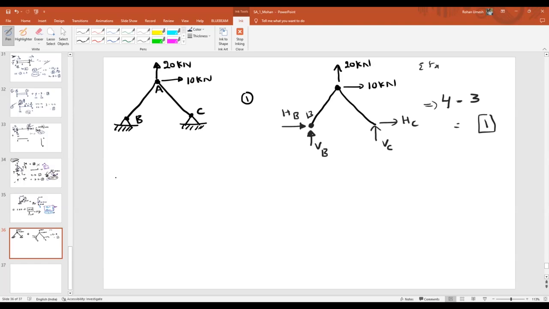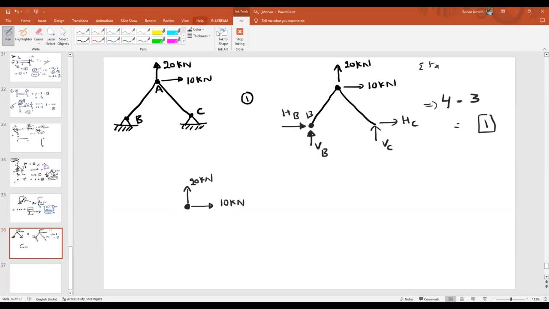That means if I simply draw the equilibrium of the entire structure, the indeterminacy is showing as 1. But now, instead of drawing for the entire truss, I will draw the free body diagram at point A. At point A, first of all, represent the applied forces: 20 kilonewton, and here 10 kilonewton, isn't it?